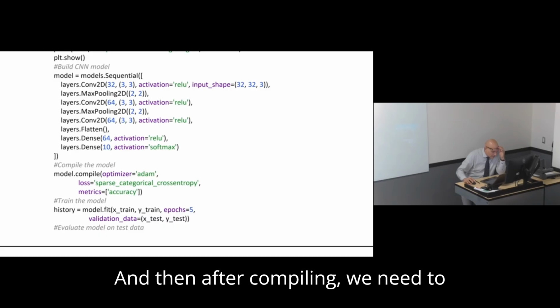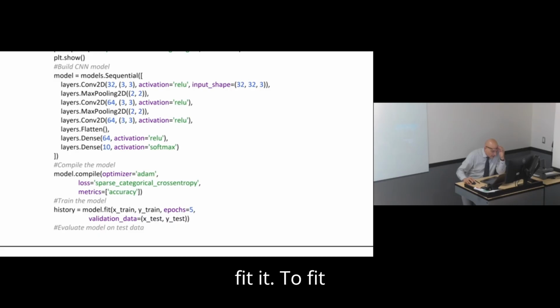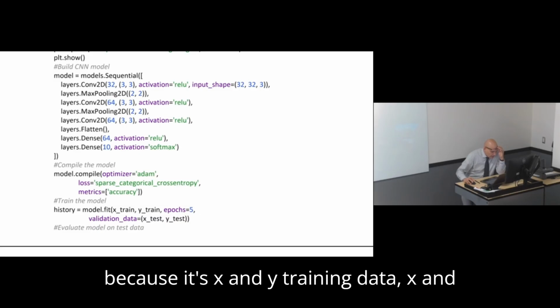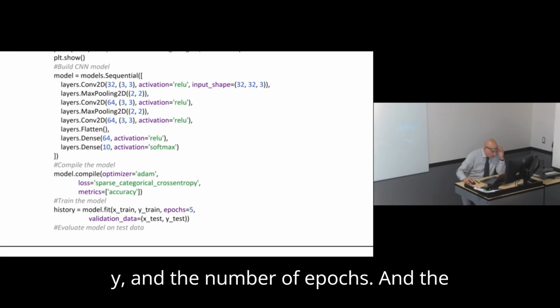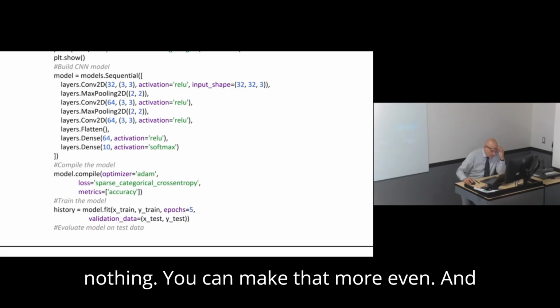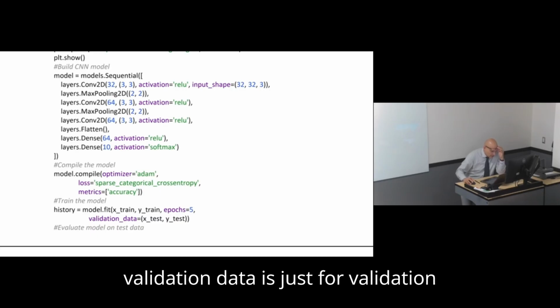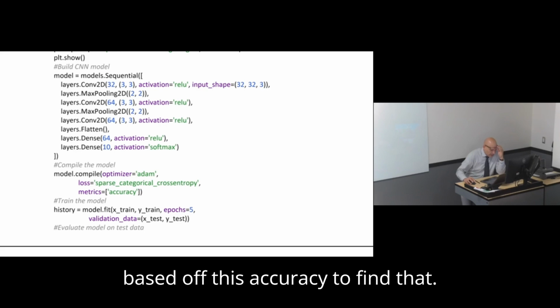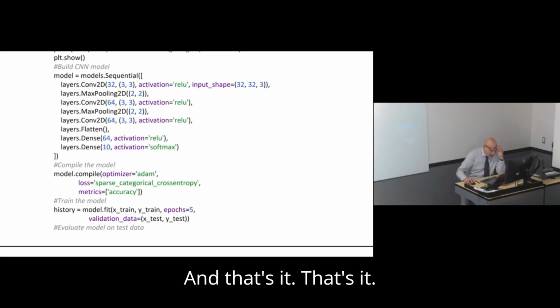And then after compiling, we need to fit it. To fit that, we need training data, X and Y, and the number of epochs. The number of epochs is just 5, it's nothing. You can make that even more. And validation data is just for validation, based off this accuracy. And that's it.